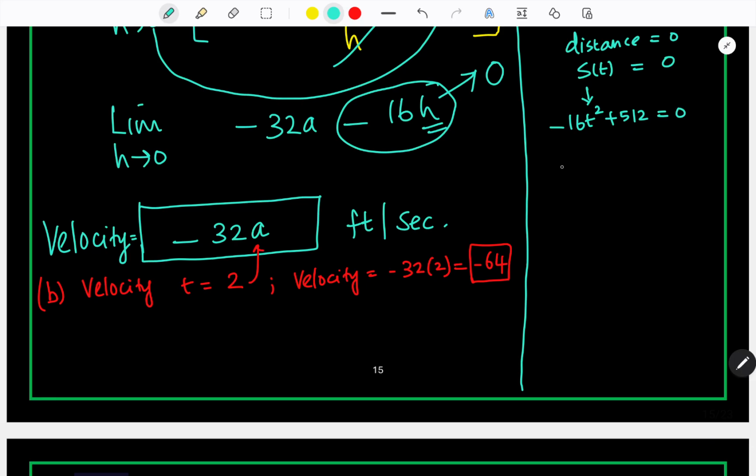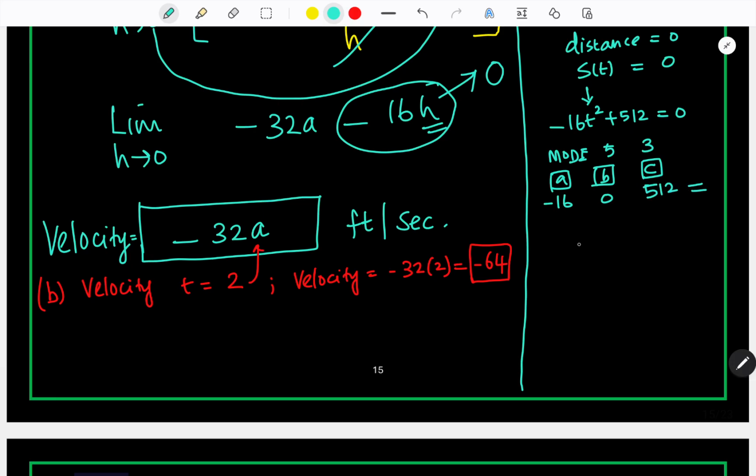So you take your calculator. We are going to put mode 5 then 3, so you will get A, B, C. A is minus 16, B is 0 because there is no t, and then 512. Press equal.